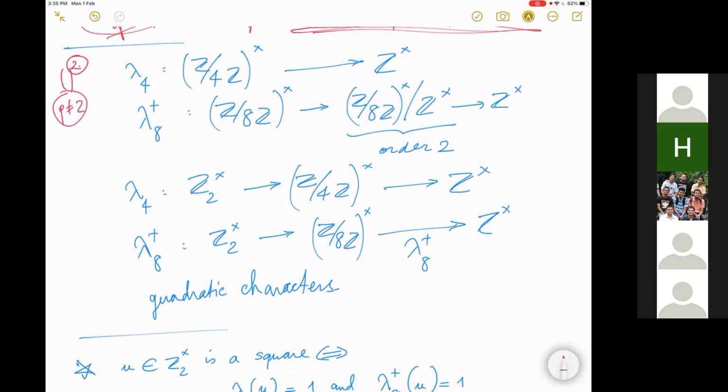Whereas for Q2, when you are looking at squares in Q2, which I have not yet introduced, the 2 in Z2 and the 2 here in the squares are the same 2. And squares, therefore, in Z2 are more complicated.